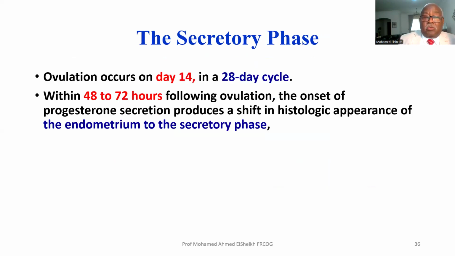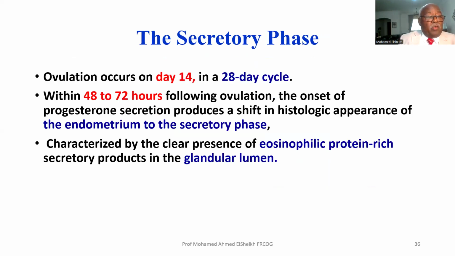What happens in the secretory phase? As we have mentioned, ovulation usually occurs about day 14 of a 28-day cycle. Within 48 to 72 hours, 2 to 3 days following ovulation, there is onset of progesterone secretion. That progesterone secretion produces a shift in the histological appearance of the endometrium, changing it into the secretory phase.